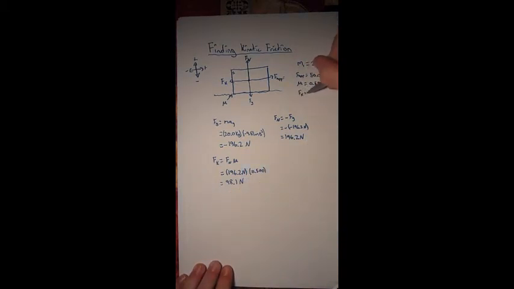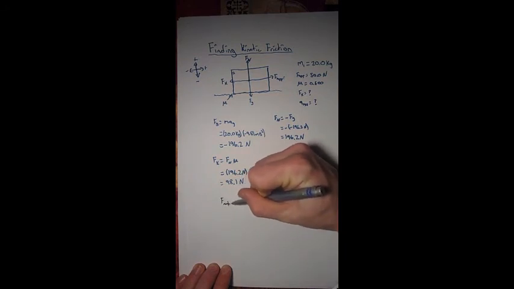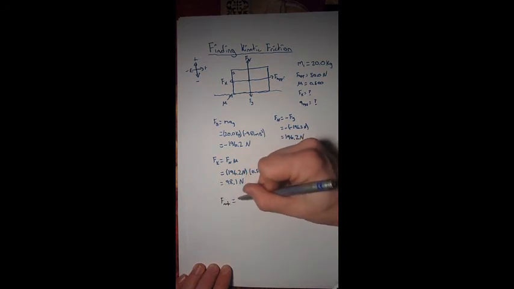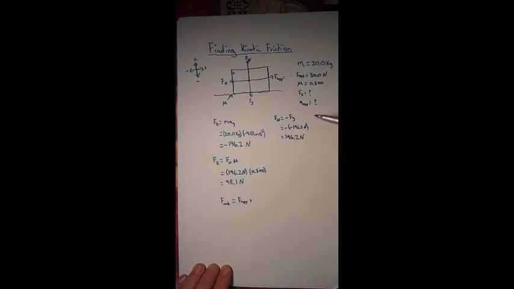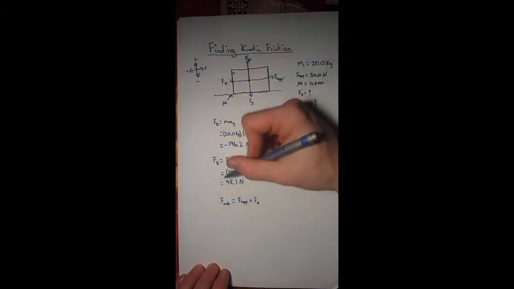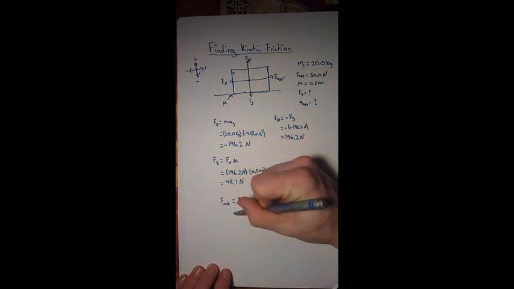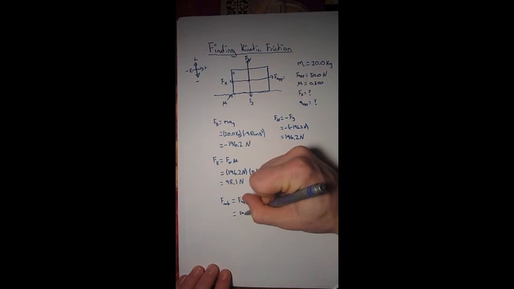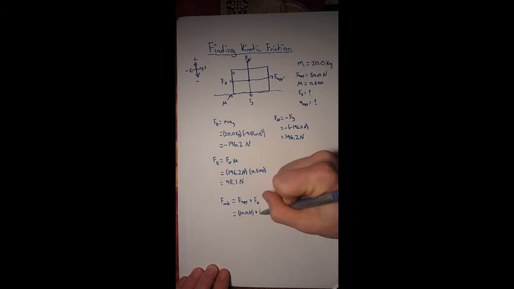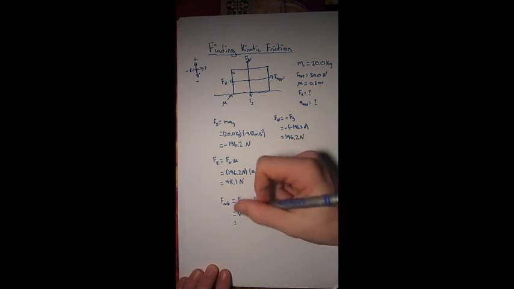In order to find the acceleration of the system, we find F net, which is equal to the force applied plus the kinetic friction. The F net ends up being negative 48.1 newtons, due to the friction force being higher than the force applied.